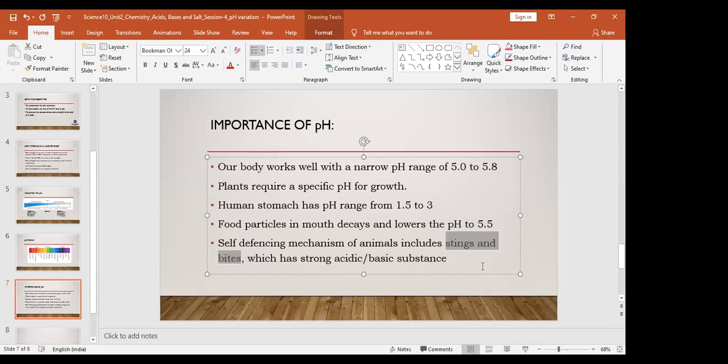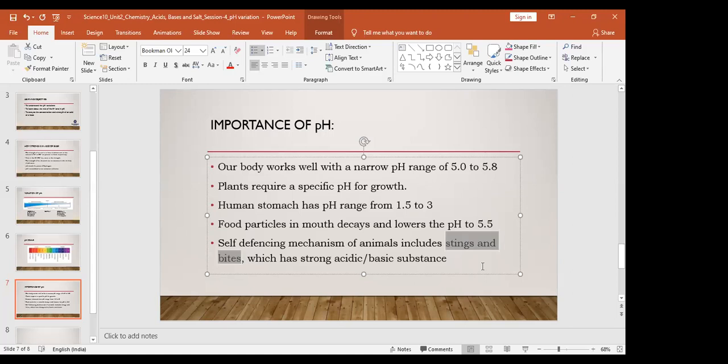There is one more example in the book about a leaf bite. Can somebody tell me the name of that plant? Nettle leaves. Nettle leaf bite, which is also dangerous as it produces acid. But in the same way, wasp is an insect which also stings, but it doesn't inject acid in the body.